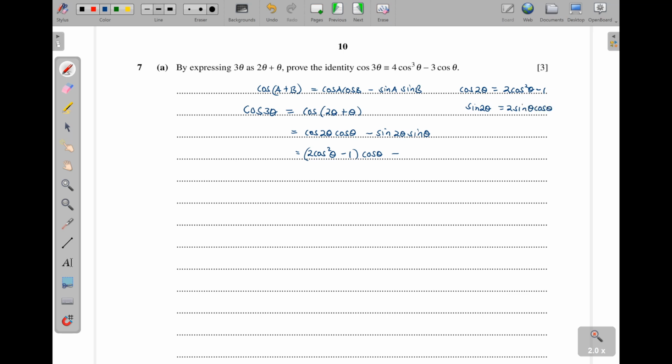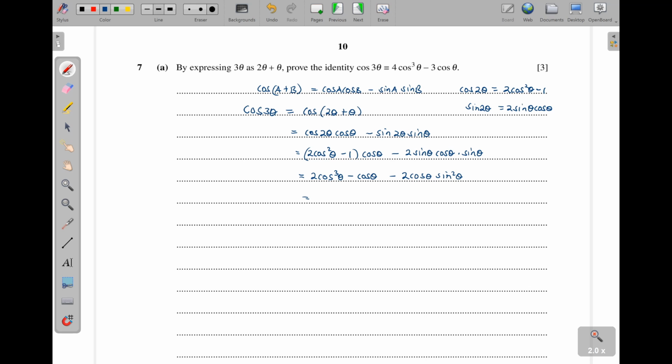All of this is given in the list of formulae. So I will have 2 sine theta cos theta, then there is this sine theta here. Now when I open the brackets here, we shall get 2 cos cubed theta minus cos theta, and then we can have 2 cos of theta, then there is sine squared theta.